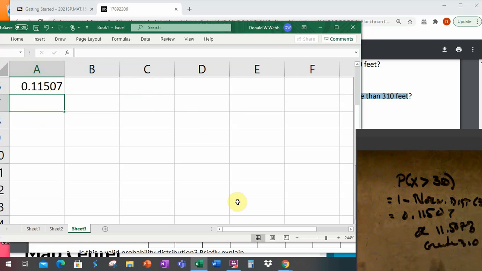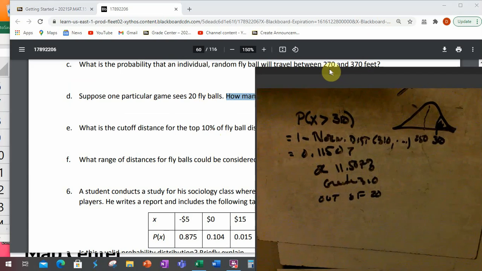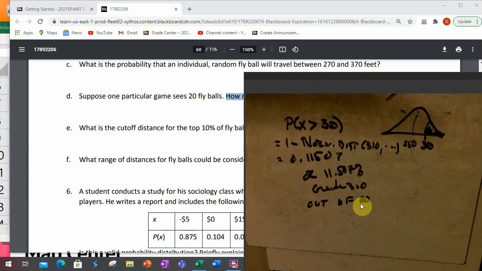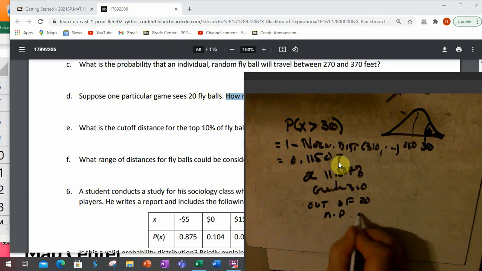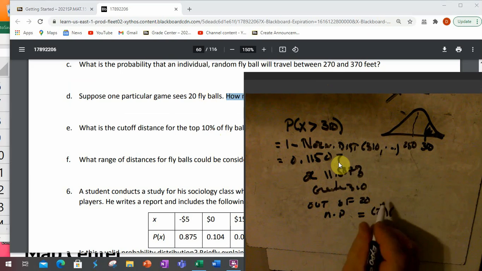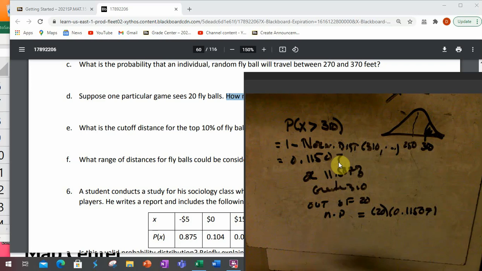It's asking, if it did 20, out of 20 how many would you expect? The n times the p. Now we know the p, the expected would be n times p. So out of the 20, the percentage is, we have to use the decimal, 0.11507.